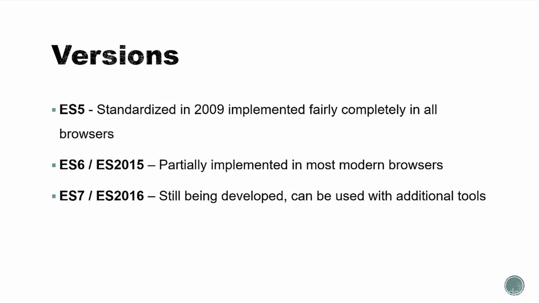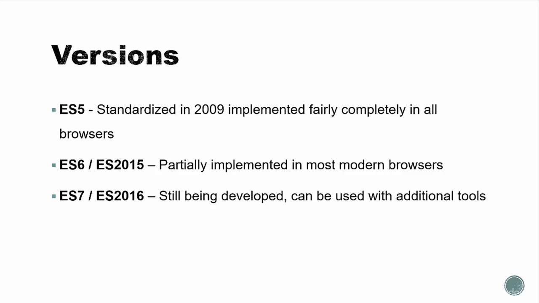All right, so here's some notable versions of ECMAScript and JavaScript. ES5 was standardized back in 2009, and it has pretty much complete compatibility in just about every browser. This is the most common version and what we'll be looking at mostly. Now, ES6, also called ES 2015, added a bunch of new features like classes, arrow functions, generators, modules.